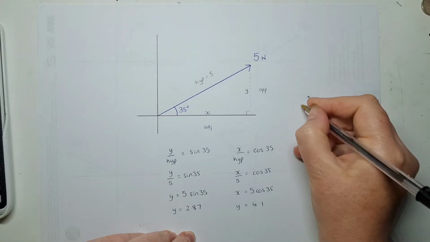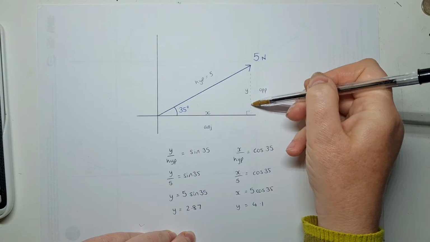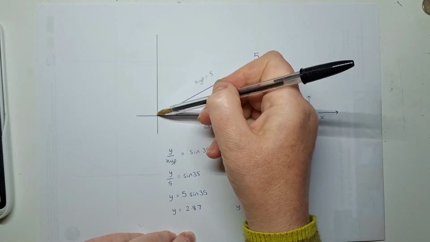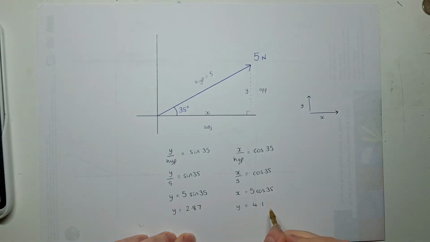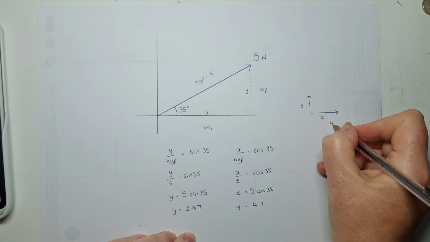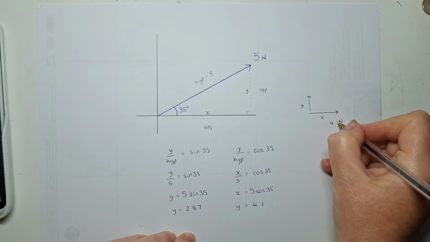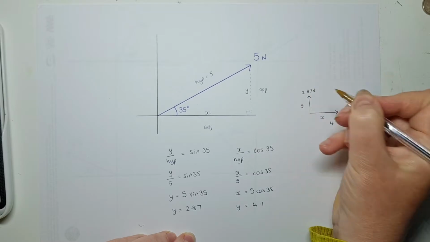Now that's fine, and we can do trig hopefully, but what you've actually done is you've worked out the x and the y in this diagram, because the y here, this dotted line, is the same as this side if you think of it as a rectangle. So these are the two components of the 5 Newton force. You've got 4.1 Newtons pulling horizontally, and you've got 2.87 Newtons pulling vertically.